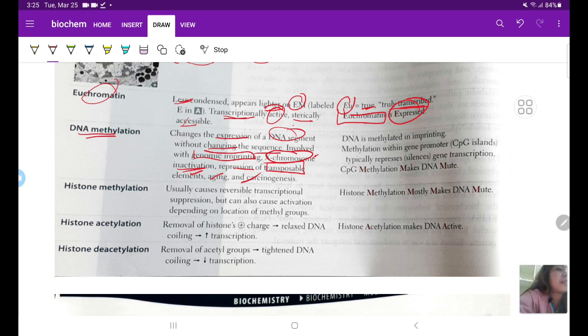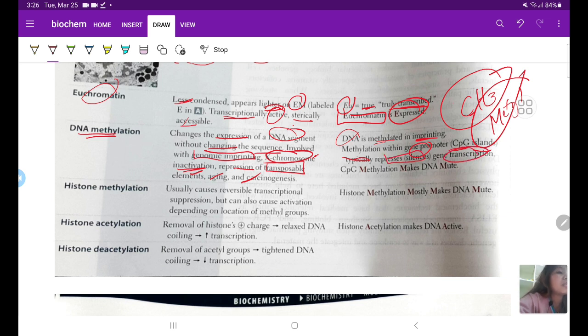Then DNA is methylated in imprinting. Methylated meaning adding of a methyl group, CH3. Then methylation within a gene promoter, CpG island, typically represses or silences gene transcription.